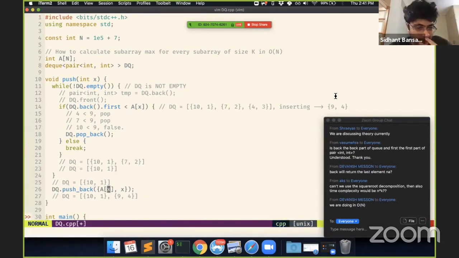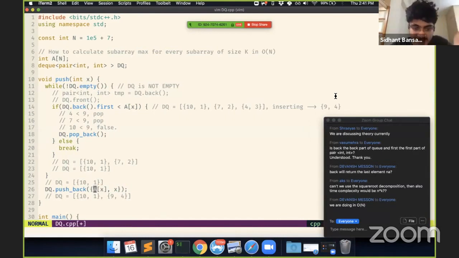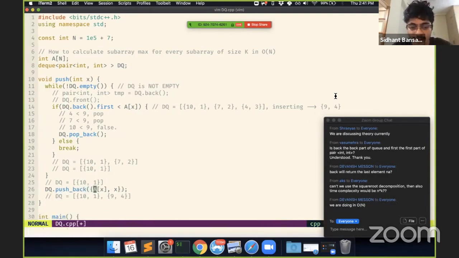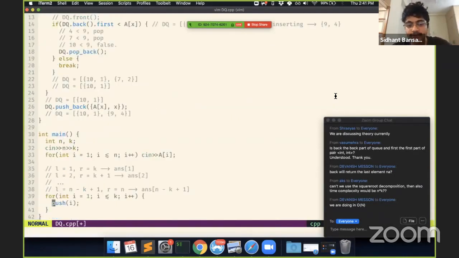This is also a syntax thing. In C++11 and all the modern C++ versions, you can make a pair using curly braces. Just put something like a comma b inside a curly brace, and this thing is a pair, and you can insert that pair inside. Here, my pair's first element is ax, which is the thing I was trying to insert, the ith index.